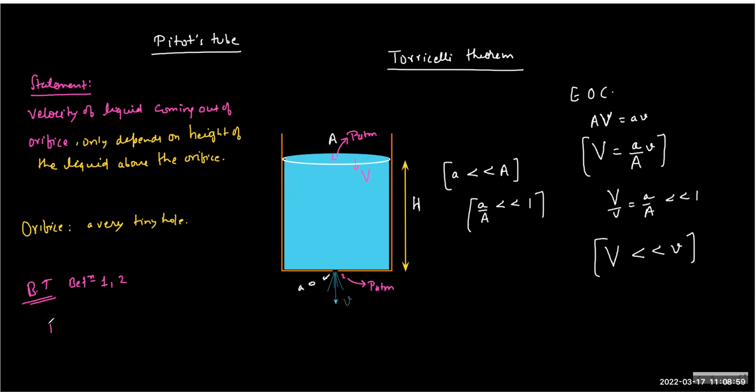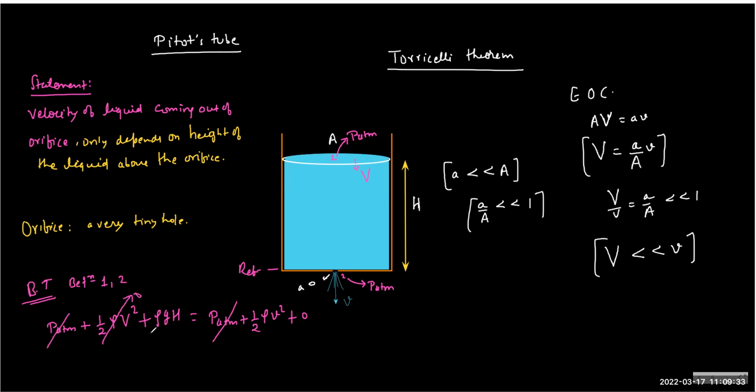So at 1 we can write P atm as the static pressure, and the kinetic pressure is half rho capital V square. And again, it's a vertical motion, so we can choose some reference here. So the third term will appear as rho g capital H. Now coming to 2, the pressure will drop to P atm. The kinetic energy becomes half rho v square, and the third term is 0 because I have taken the reference there.